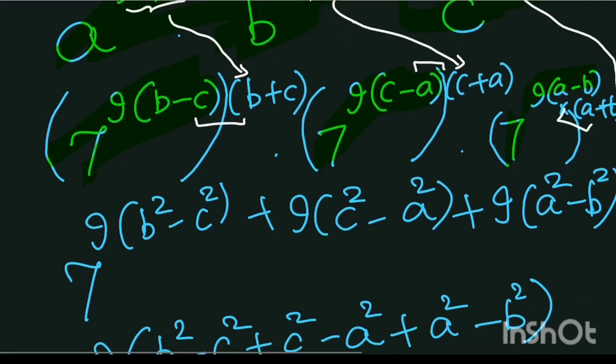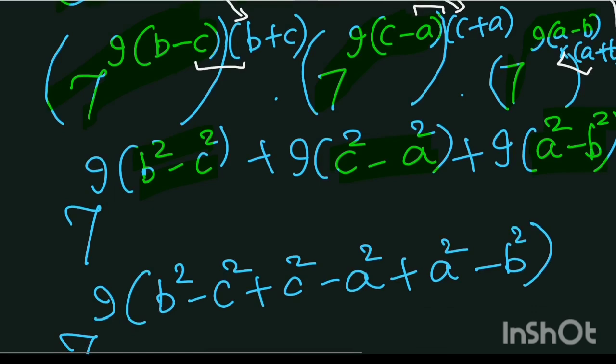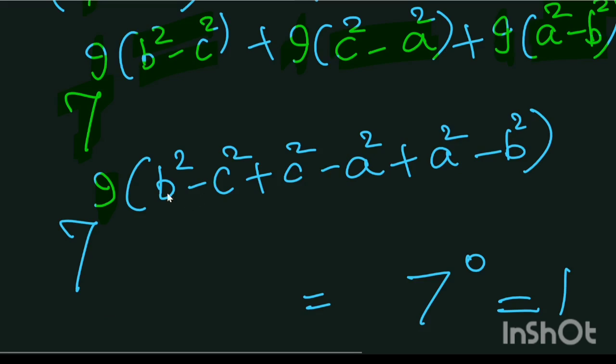So after getting multiplied, we will get b square minus c square. C plus a, c minus a will give c square minus a square. A plus b, a minus b will give a square minus b square. And since the bases are the same, a common base, I have written everything in the power of 7. 9 is also there outside, so that 9 we can take common out. Now we are left with b square minus c square plus c square minus a square plus a square minus b square, which successively gets cancelled.